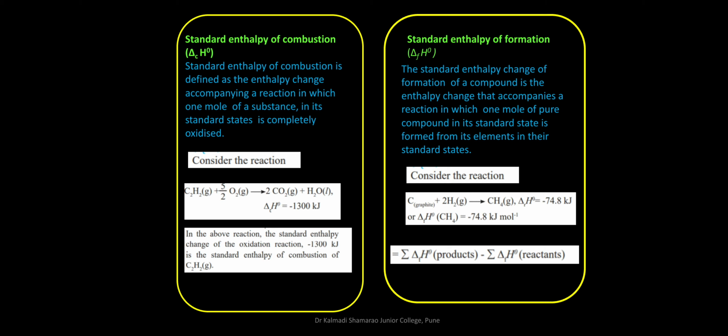Consider the reaction for the formation of methane, that is C plus 2H2 giving CH4. The enthalpy for this reaction is minus 74.8 kJ. Hence, the enthalpy of the reaction can be given by the summation of enthalpy of formation of the products minus the summation of enthalpy of formation of the reactants.